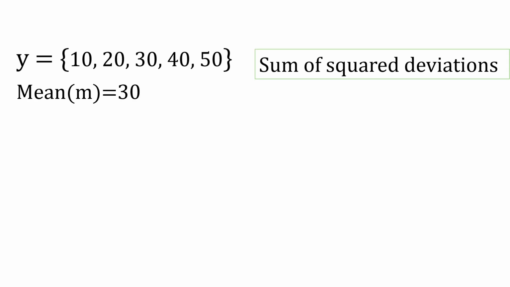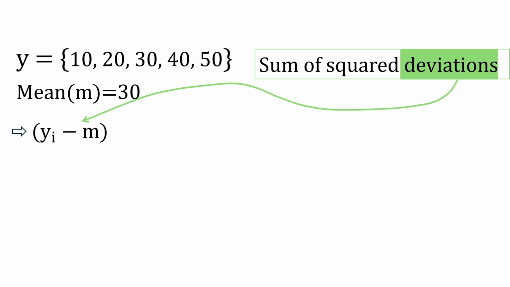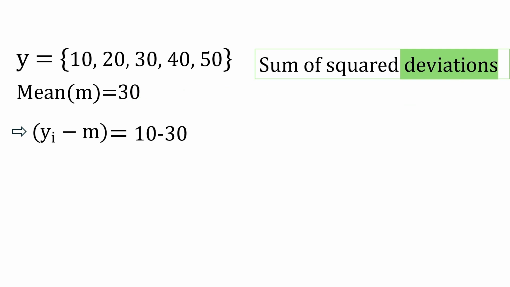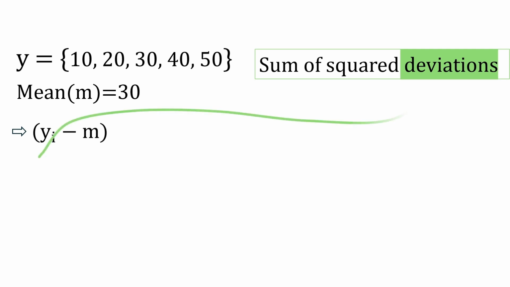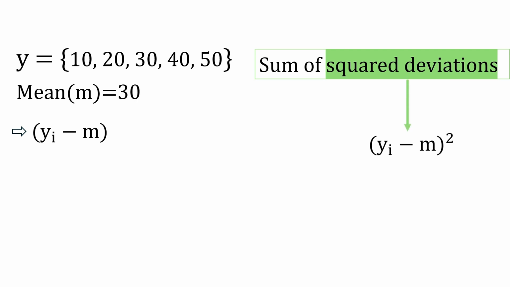Deviation from the mean is basically the distance of the data point from the mean. For example, the deviation of 10 from 30 is 10 minus 30, which is minus 20. So deviation is basically the distance of each data point from the mean. Now for the squared deviation, you simply square the deviation.